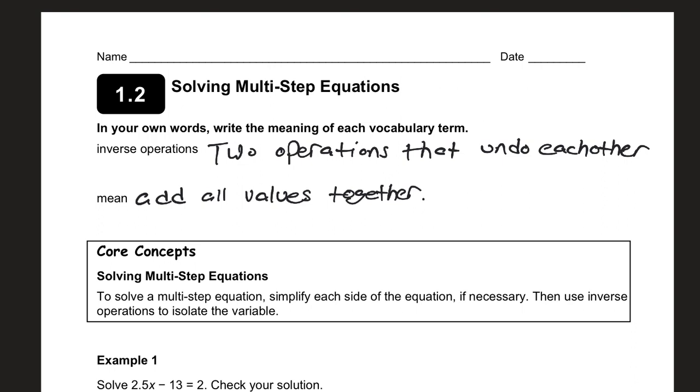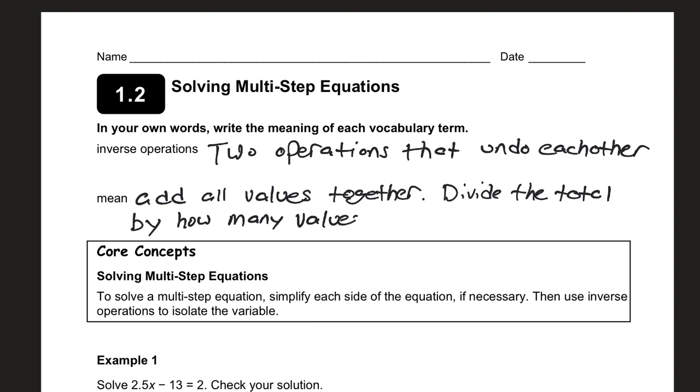After you do that, you're going to divide the total by how many values are in the data set. All right.